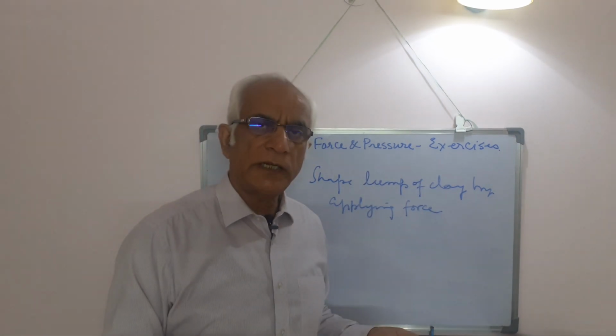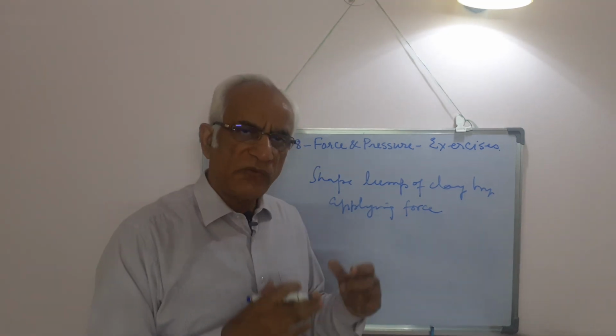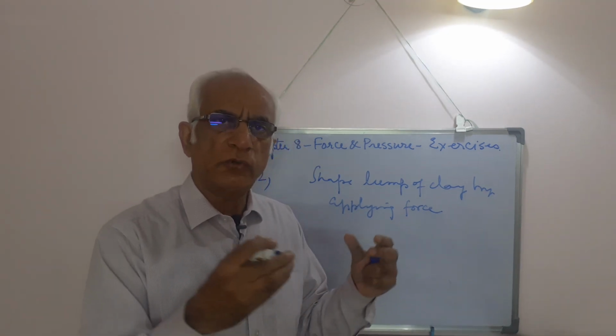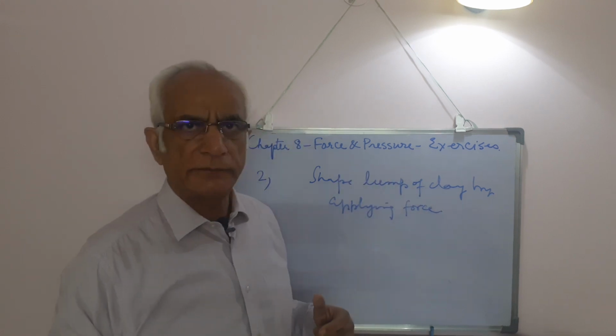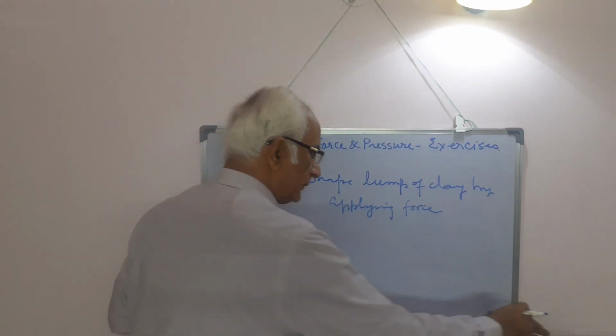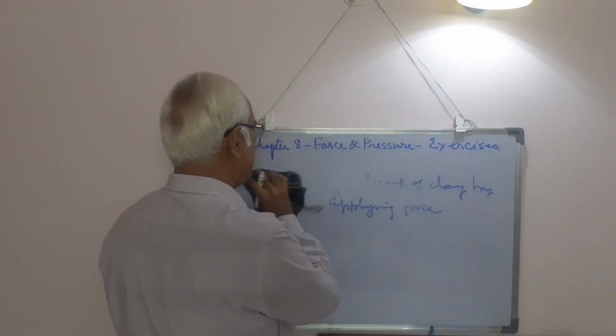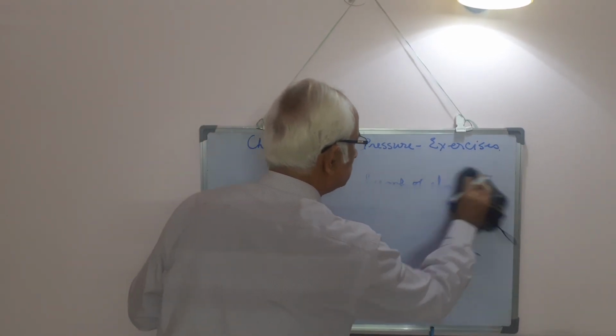You would have seen children playing with clay. They make different shapes by applying force on it. So these are the two examples. So that is your question number 2.